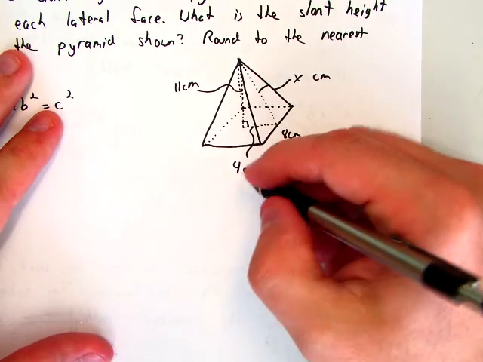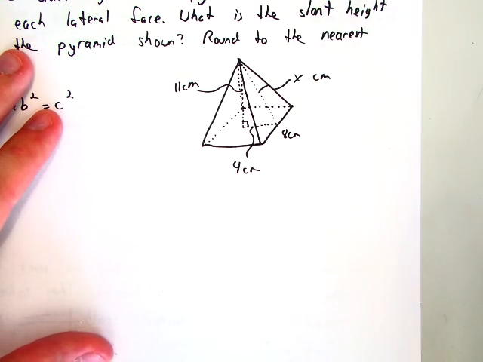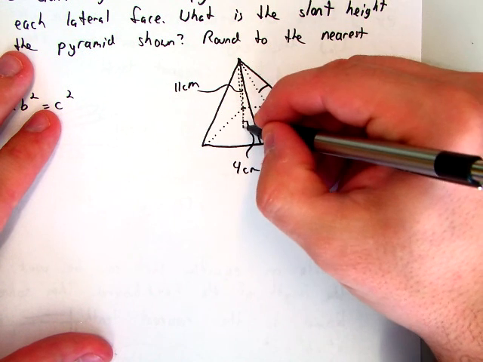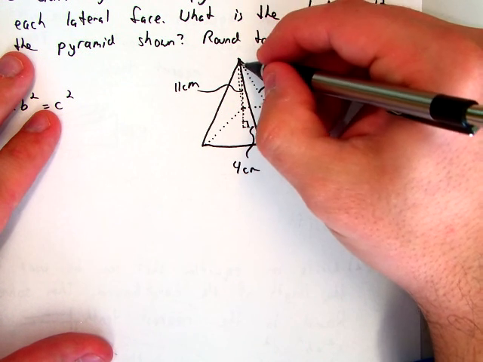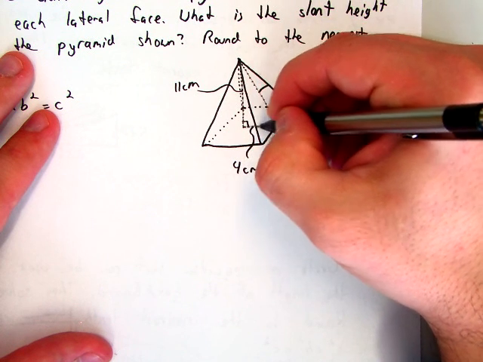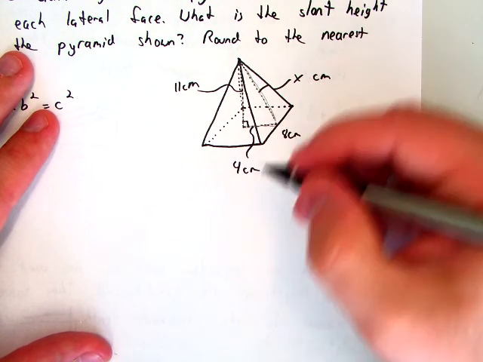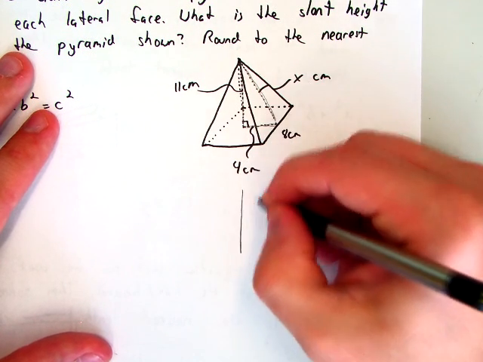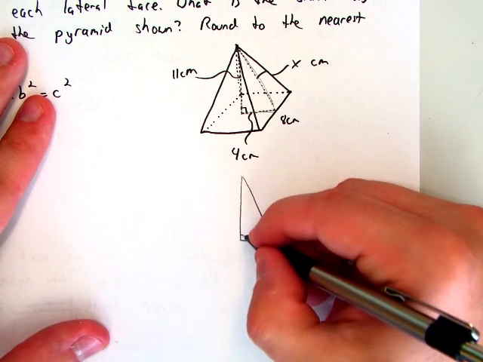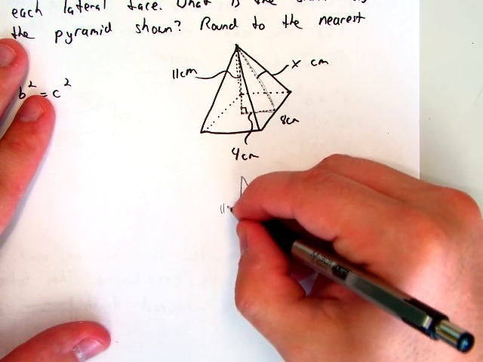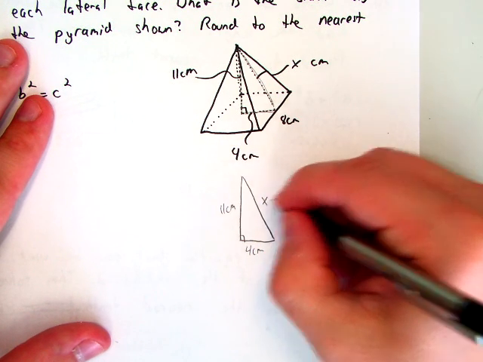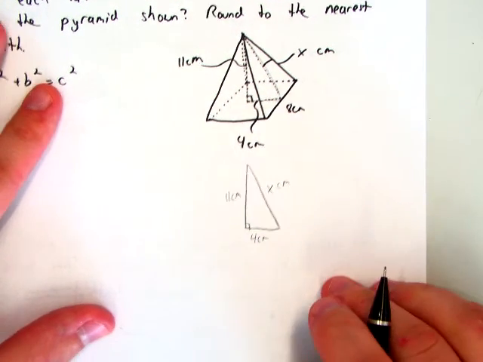What works for me is it tells me the height, it tells me the length here. I need to find out what the slant height is. I have a triangle. So sometimes what works for me is to simply take that triangle out. Where this is 11 centimeters, this is 4 centimeters, and this is the missing side.